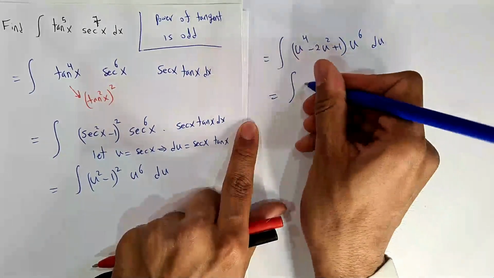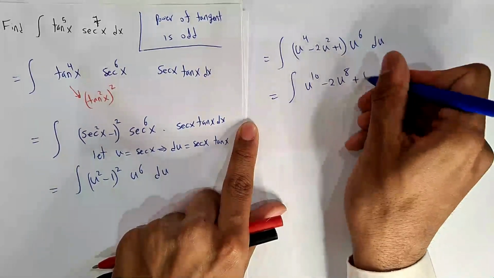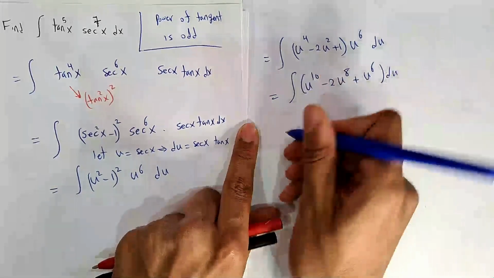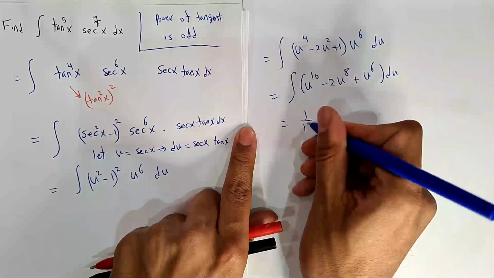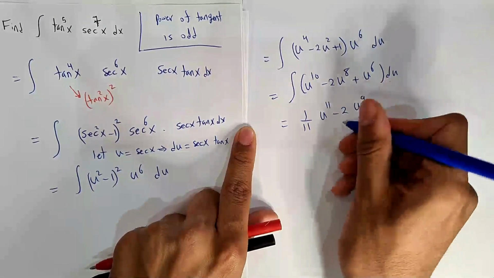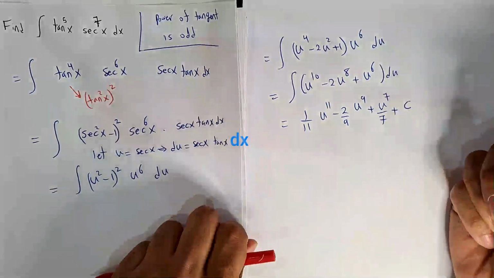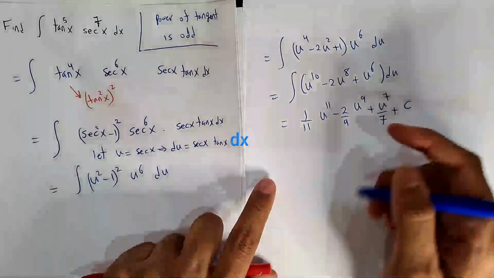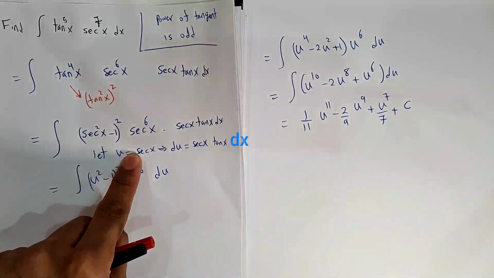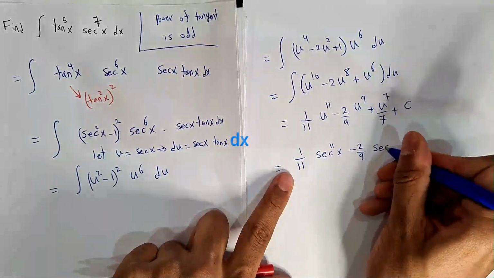Simplify. Here you have u to the power 10 minus 2u to the power 8 plus u to the power 6 du. Integrate now to get 1 over 11 u to the power 11 minus 2u to the power 9 over 9 plus u to the power 7 over 7 plus constant c. Alright, now what is my u? It was secant. Now just put it over here and this is your solution.